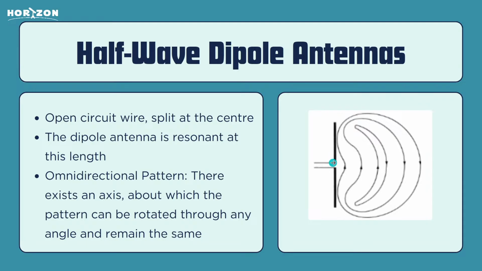And the phase difference between the current that is entering over here and the current that has been reflected back is 0. So what happens now is since the current is in the same phase, they add constructively, and you get standing waves throughout this antenna, similar to the kind of standing waves you'd see on a string.